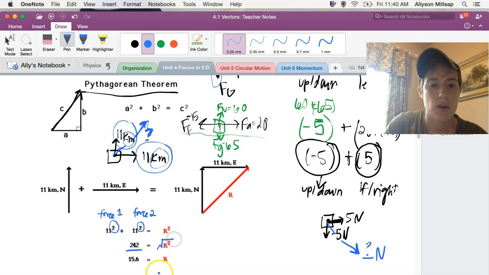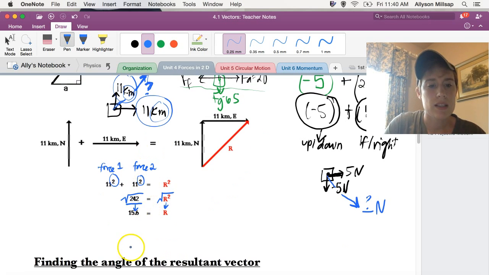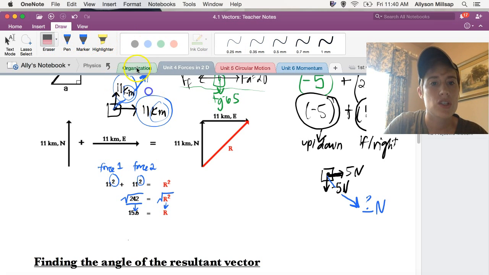All you have to do is take the square root. If you take the square root of r squared, it's just r. If you take the square root of 242, you need to plug it in your calculator and you'll get 15.6. That means, if we come back up to this diagram, that we pushed this object 15.6 kilometers in this direction.